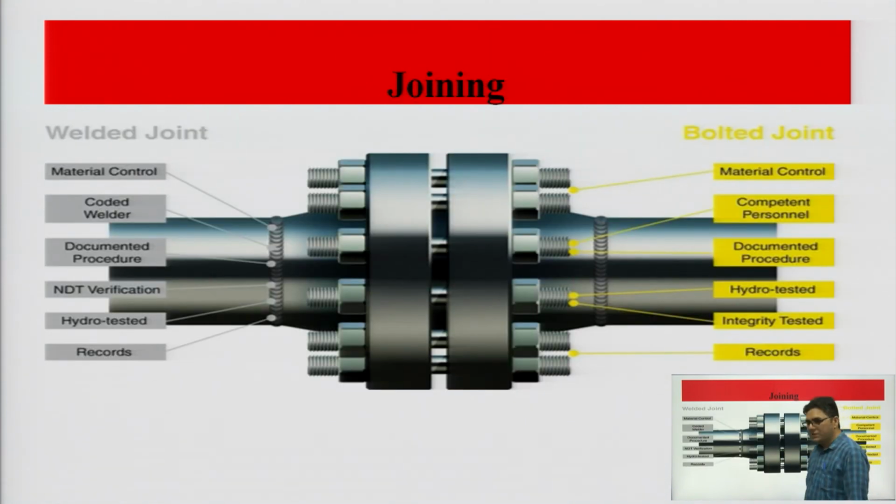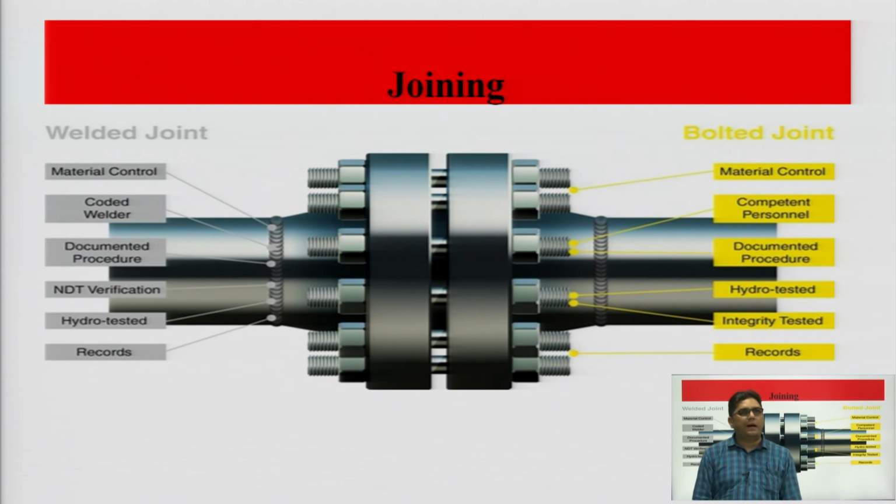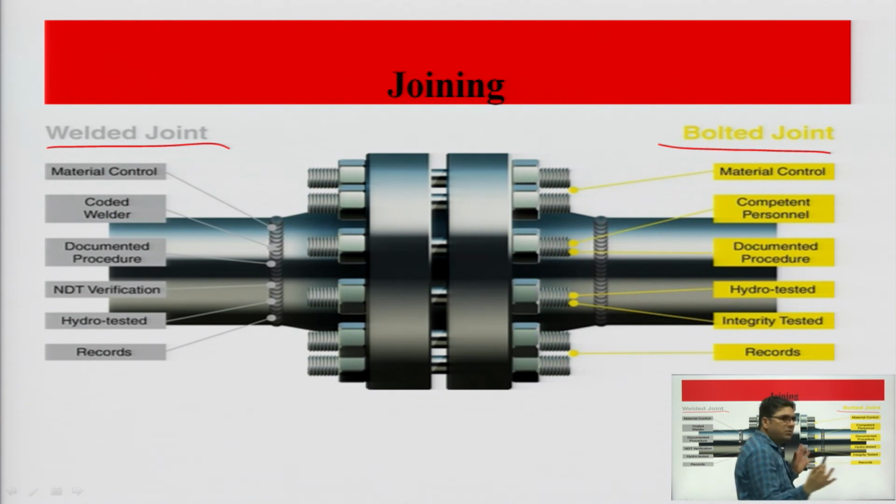Next that I discuss is joining, and I told you that joining could be either by welding or by bolting. We can join part by part, and these are the two possible ways whereby different parts of a particular product can be added together.